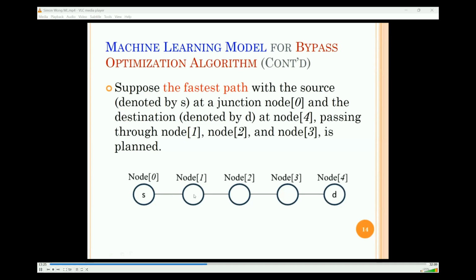And you can also think this is also a block, node of 0 and node of 2 also a block. And suppose that this is the fastest path: node 0, node 1, node 2, up to node of 4.